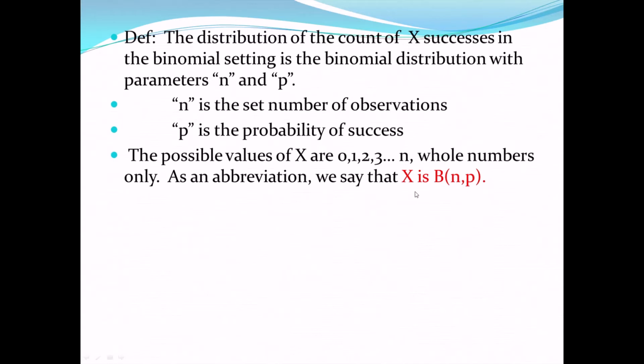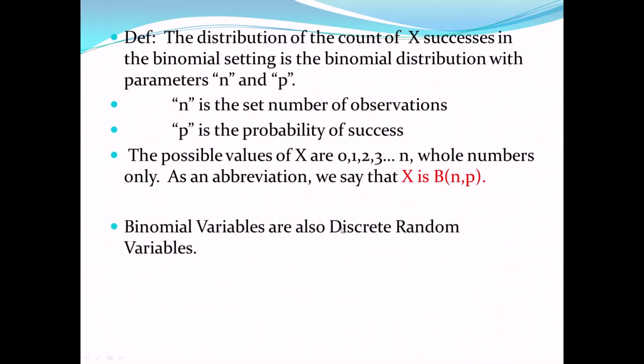When we were doing random variables that were continuous and normal, we said X was approximately normal, capital N, with parameters mu and sigma. So that's how AP people like us to do normal. This is how AP people like us to notate in shorthand a binomial situation. And this is a complete description.